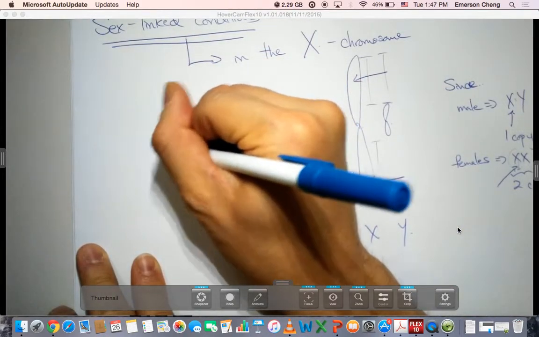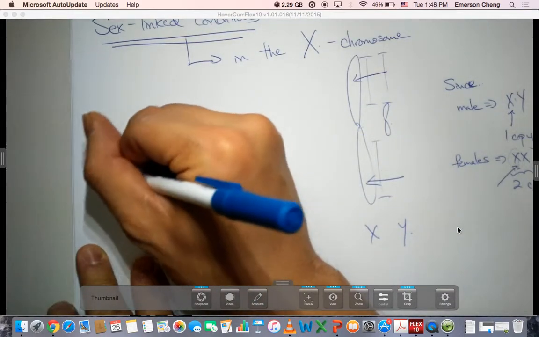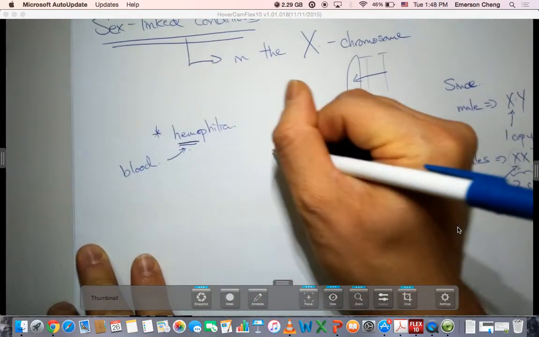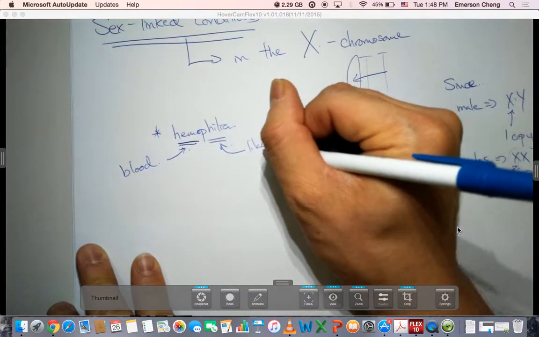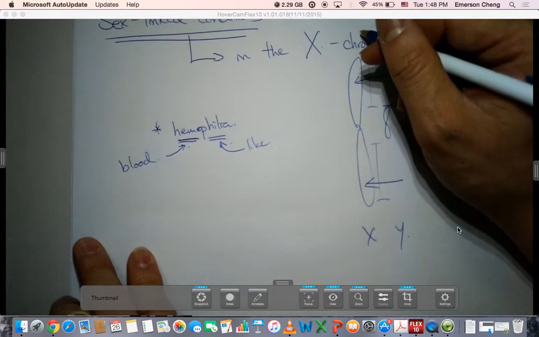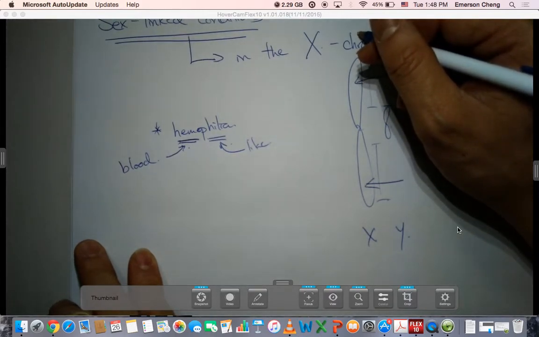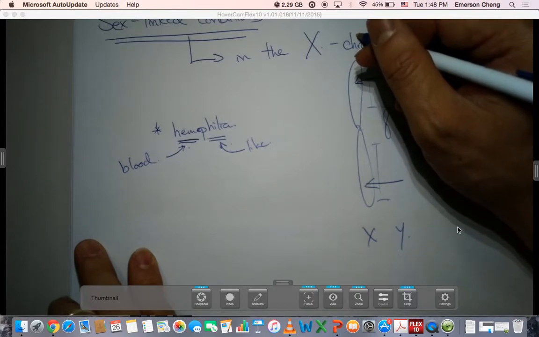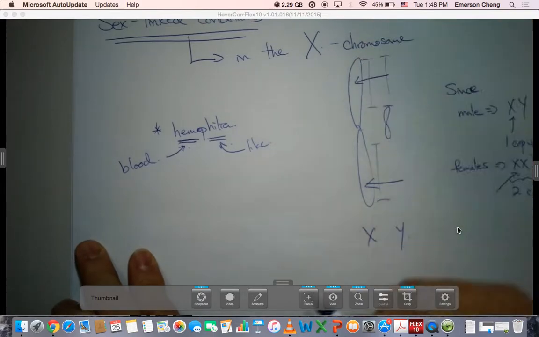Hemo is hemoglobin, blood. Philia means like or loving. But you're not vampires. Hemophiliacs don't love blood. Unfortunately, when they start bleeding, they have a really hard time stopping bleeding. It's a very dangerous condition.